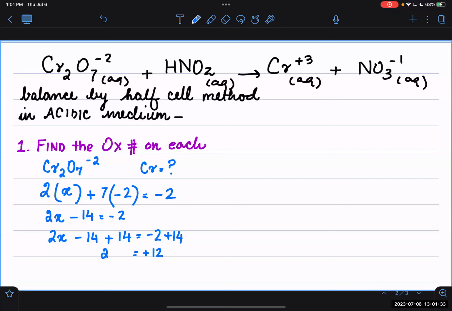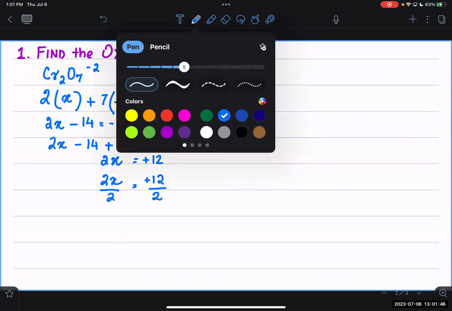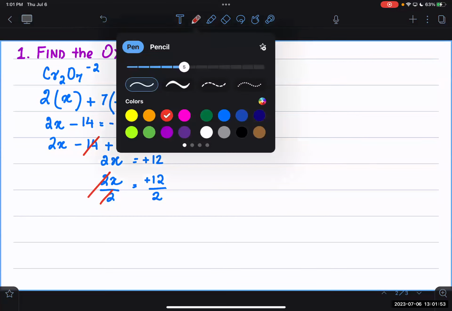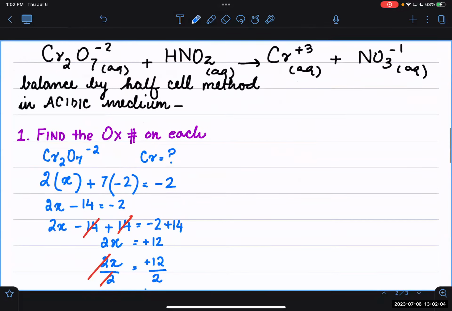And here you have 2X. 2X over 2 is equal to +12 over 2. Here you are canceling out the 2, and here 14 and 14 cancel out. So the answer for chromium is that chromium is in +6 oxidation number. That's for chromium.